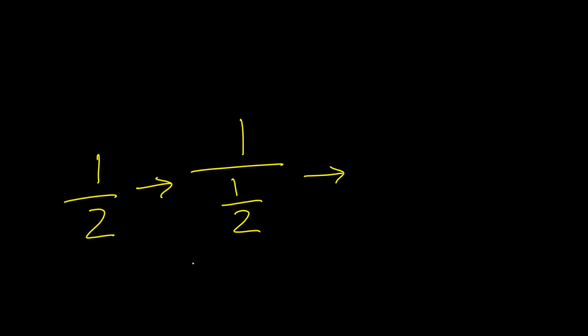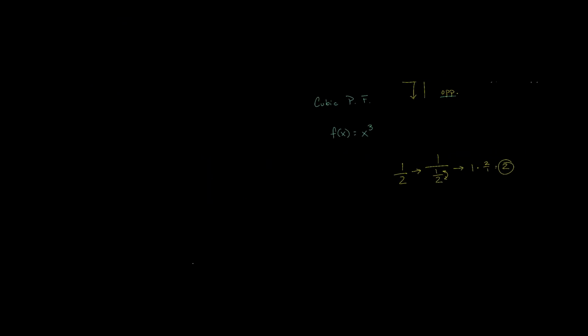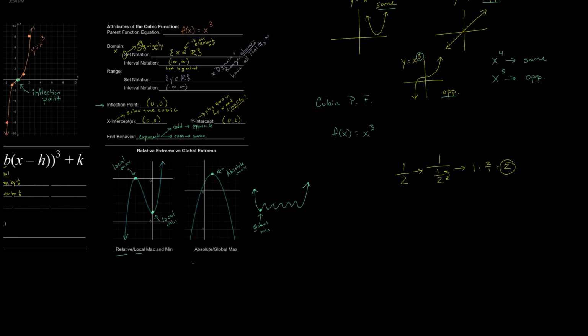Multiplying by the reciprocal of the denominator. So 1 times 2/1 is what? 2. You don't need to remember all of this. Should you probably know this? Yes. It's especially going to come in handy when we do rational functions. But for now, just remember it's the reciprocal.